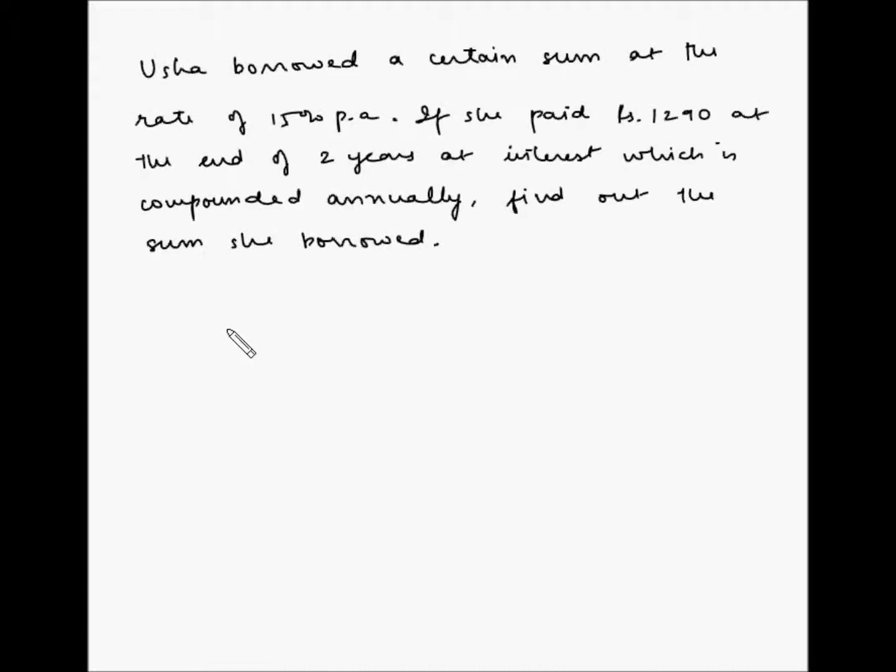So here, let's say Usha has borrowed a certain sum of money which is rupees P. Now she has borrowed this for a time period of 2 years. So let's say this is the first year and this is the second year. Now the rate of interest is 15%.